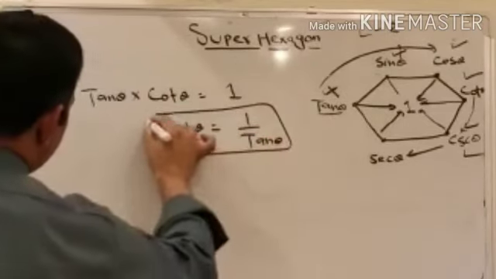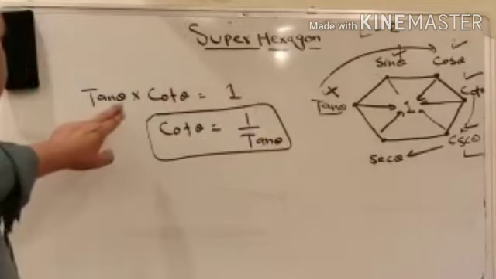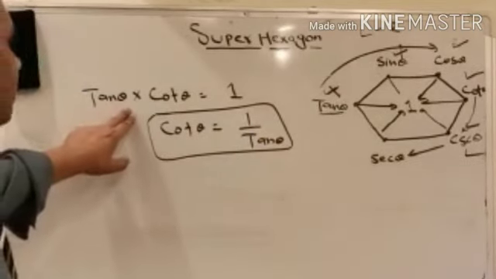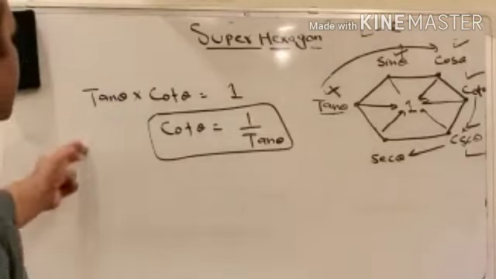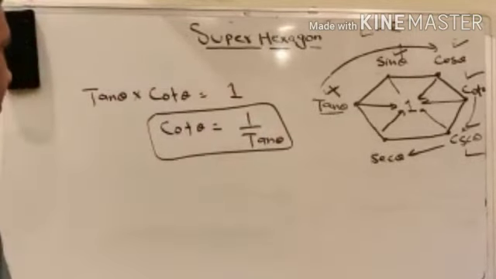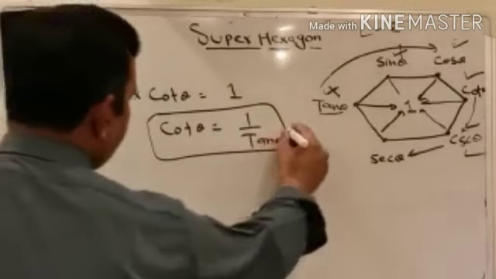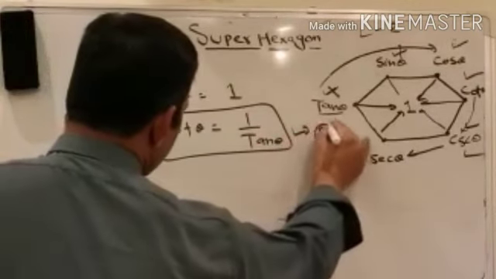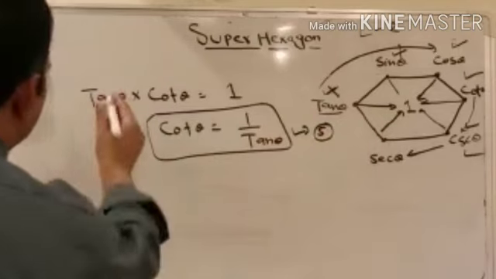Next, because here tangent theta is multiplied, when I shift it to the right side, the multiplication sign changes into a division sign. We obtain the fifth trigonometric identity.